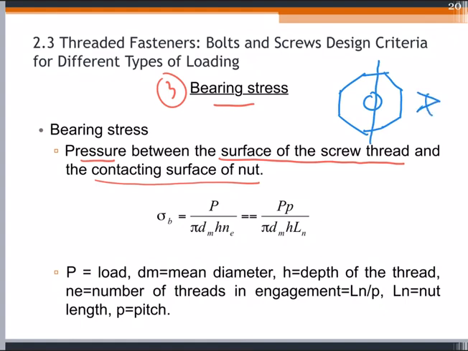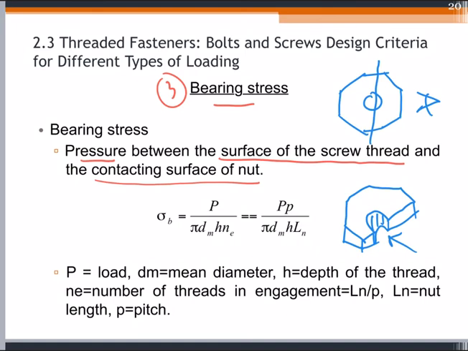What we will see is a half nut with a little thickness, and then there is an area. This is the area where the bearing stress occurs.